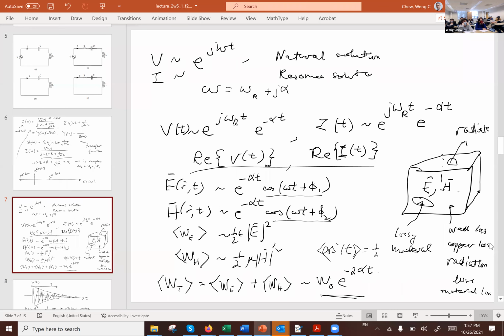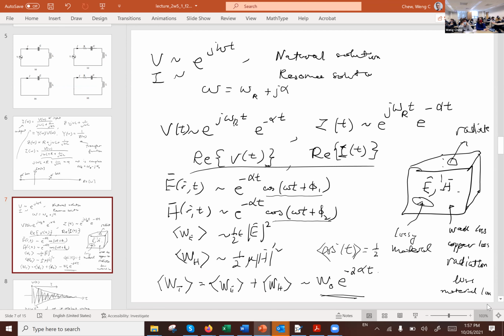Yes, wall loss, copper loss. There are 3 or 4 mechanisms that can give rise to loss in the cavity. Loss to the wall by absorption, the conductive loss, which is sometimes also called copper loss, because most of these cavities were made of copper in olden days. It can also give rise to radiation loss. If there's a hole in the cavity, the energy can leak from the cavity by radiation.